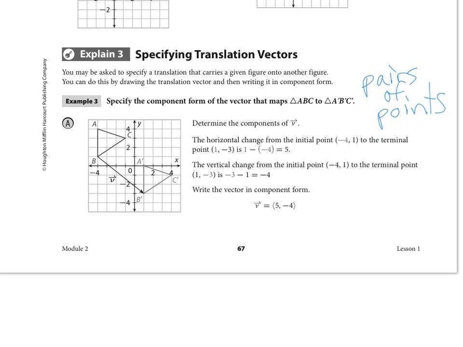So that's all you really have to do in those problems when they give you both a pre-image and an image. And again, remember, you're looking to start at the one without the prime notation and go to the one that has prime notation. Or if you can see the color shift, it's sometimes a little harder to see in the black and white textbook, but you want to make sure you go from the darker one, which is the pre-image, to the lighter one, which is the image.